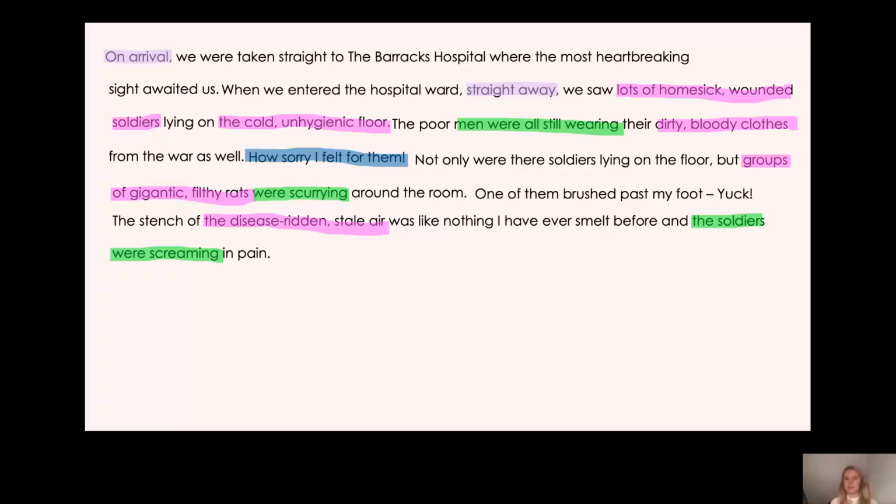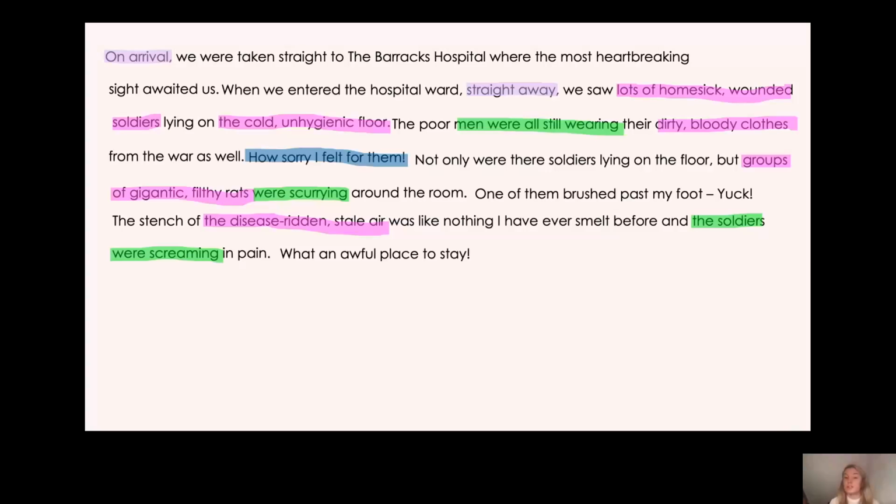Now, how do you think I felt for them? They're on the floor, they're screaming in pain, and the air is disease-ridden and stale. What do I think of the place? Well, I want to use an exclamation sentence to describe how I feel about this place. So, here we go. What an awful place to stay. I have started with the word "what," and after the word "what," I remembered that I needed to use a noun phrase.